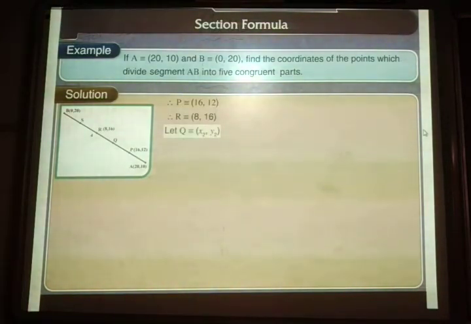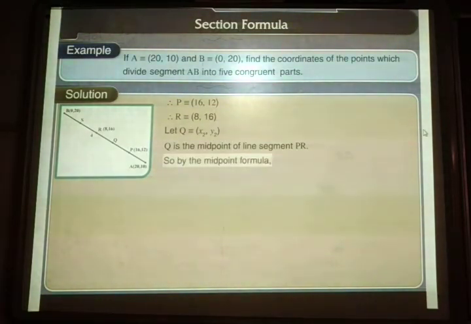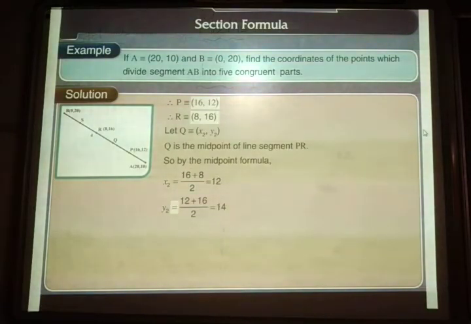Let the coordinates of point Q be x2, y2. Q is the midpoint of line segment PR. So by the midpoint formula, x2 is equal to (16 plus 8) upon 2, which is equal to 12, and y2 is equal to (12 plus 16) upon 2, which is equal to 14. Thus the coordinates of Q are (12, 14).